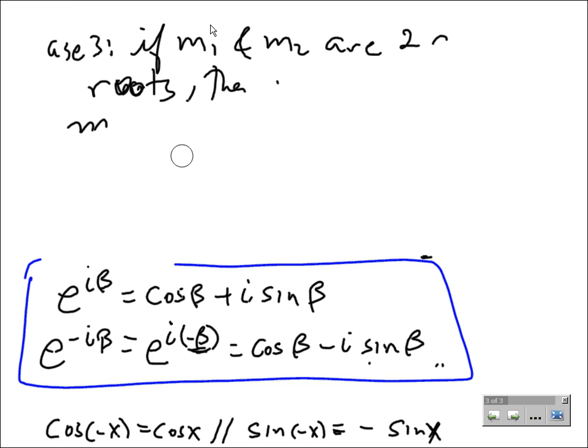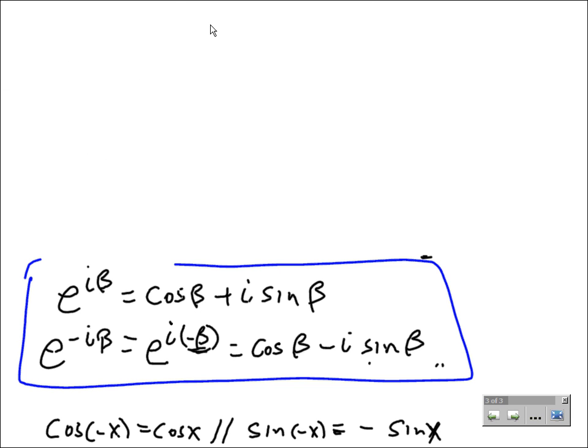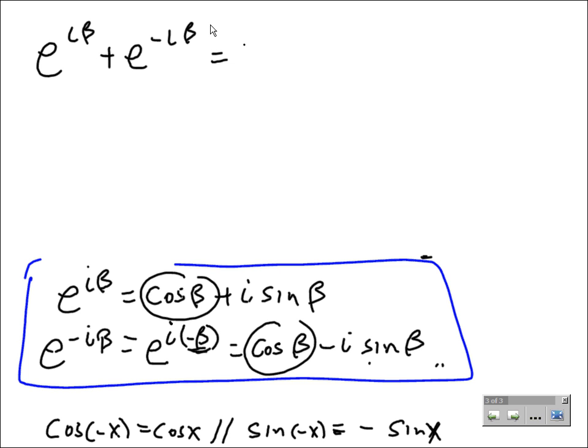Now, if I were to add these two equations in the blue, on the left side, I will get e to the i beta plus e to the negative i beta. And on the right side, when I add this and that, I will get 2 cosine beta. And when I add this and that, I'd get 0.